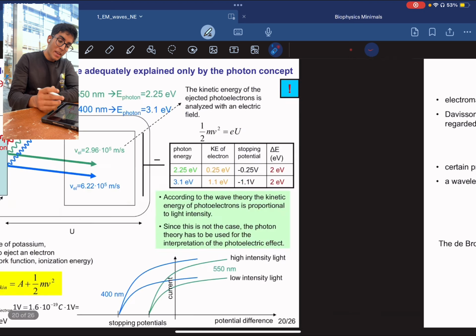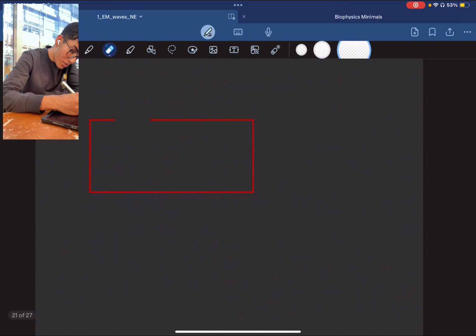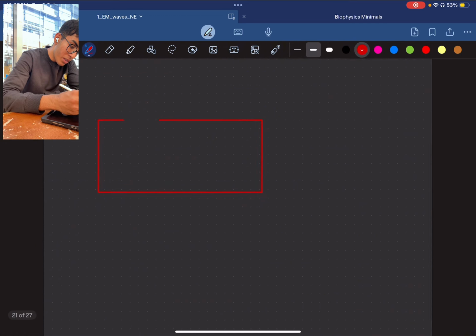Okay, I'm going to use the precision laser and create a slit here. Boom, boom, boom. This side is connected with a circuit, plus and minus.